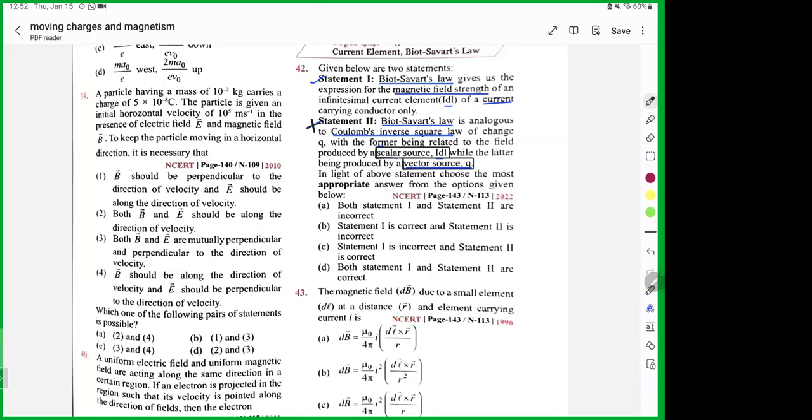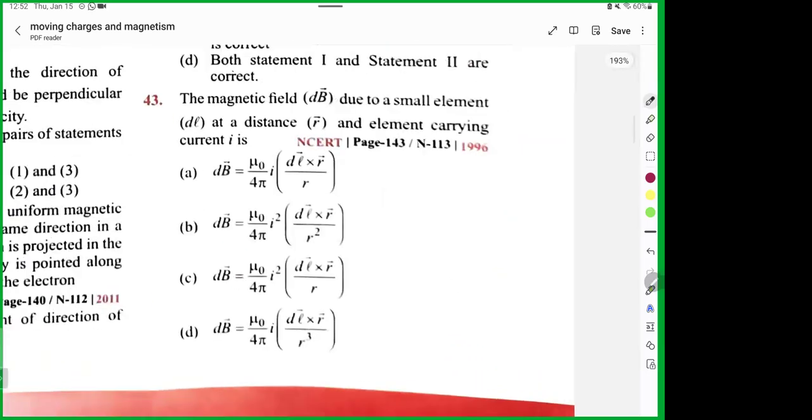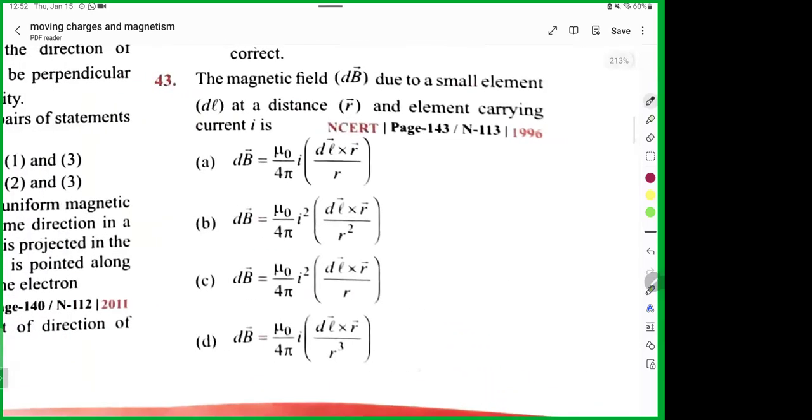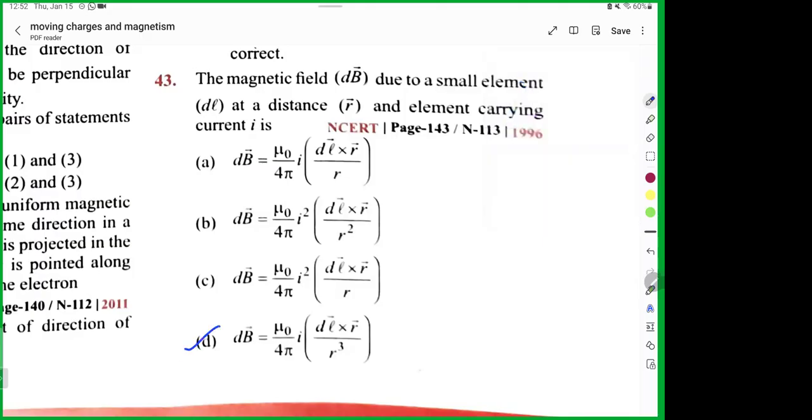Any doubt? Question 43. Sir, option D. Yes.